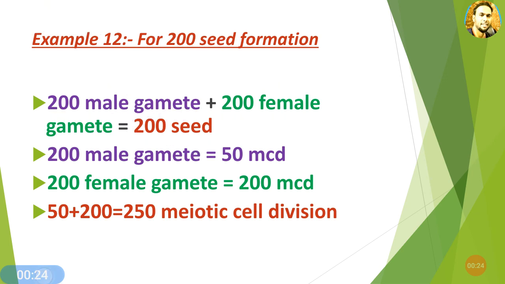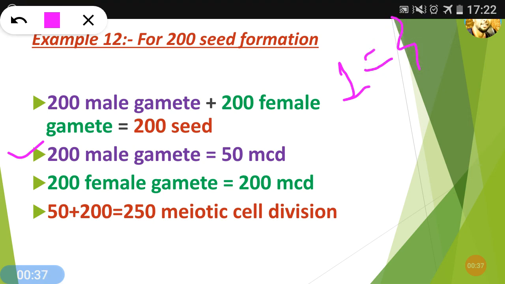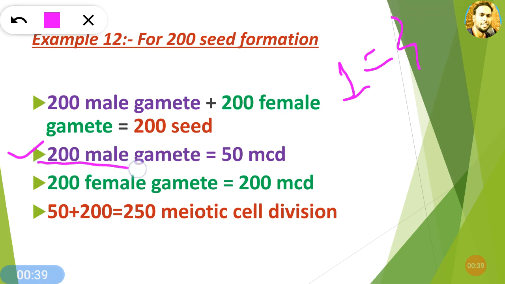So simply the formula for the 200 male gametes is, if by one meiotic cell division 4 gametes are produced, so for 200 male gametes 50 meiotic cell divisions are needed. 50 into 4 is equal to 200.